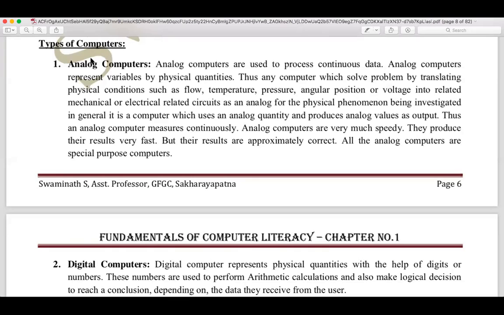These are very speedy, specific-purpose computers with the help of which we can represent physical quantities.